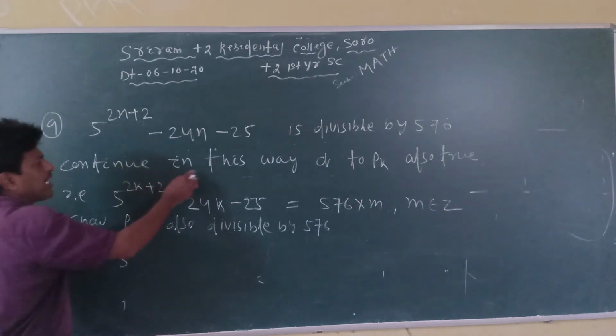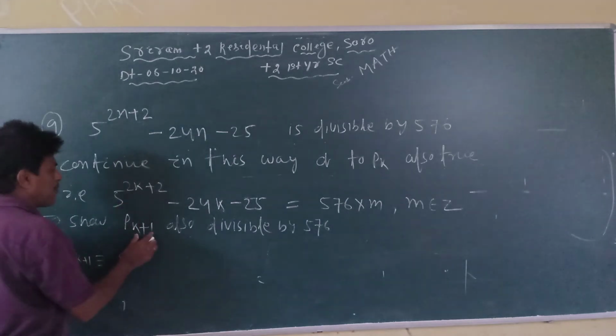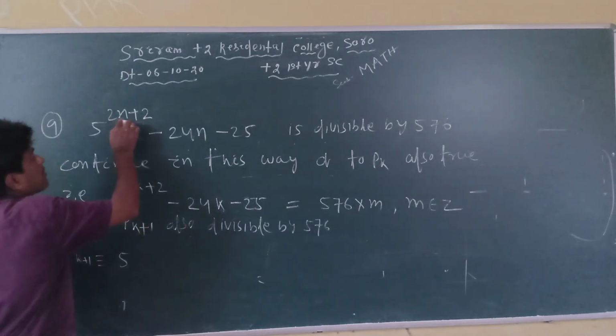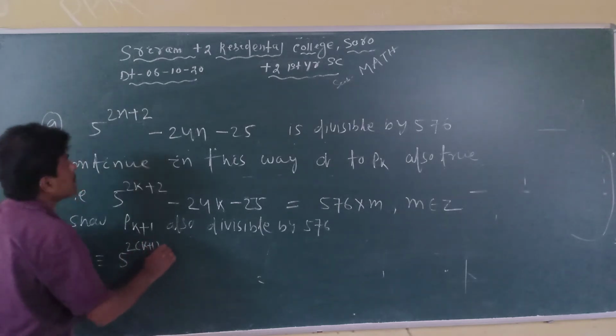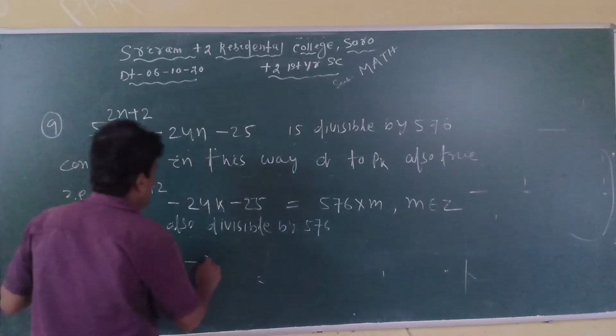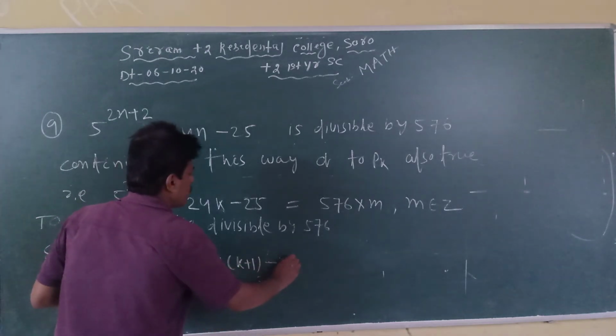For Pk, at the place of n we put k, but here for Pk plus 1 at the place of n we put k plus 1: 5 to the power 2 whole into k plus 1 plus 2, minus 24 whole into k plus 1, minus 25.